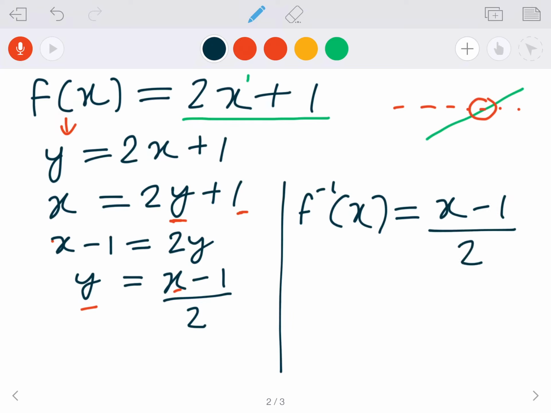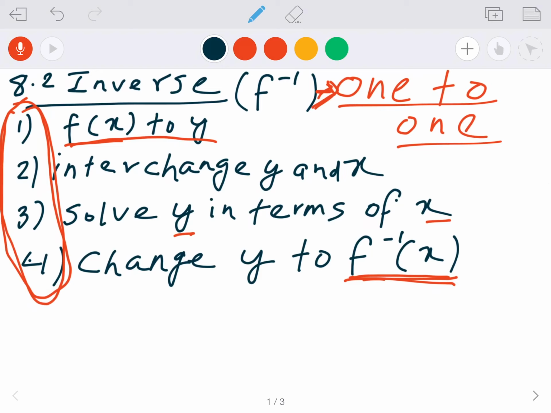All right, so to find the inverse, this is the process every time. You always have to follow these 4 steps, and before you start following these 4 steps, you need to know whether the given function is one-to-one or not. If it is one-to-one, then you can follow these 4 steps. If it is not one-to-one, then we can say that the inverse doesn't exist. All right, clear?